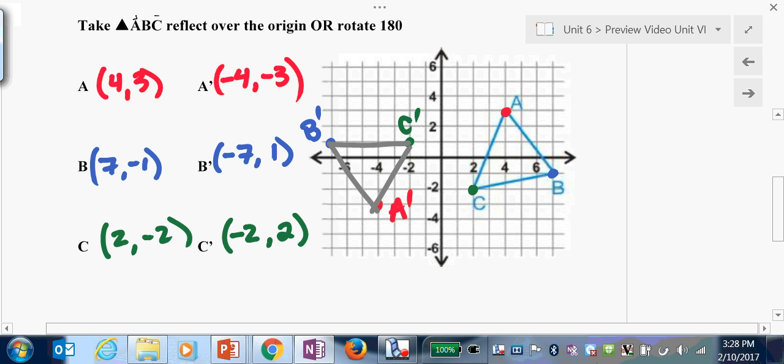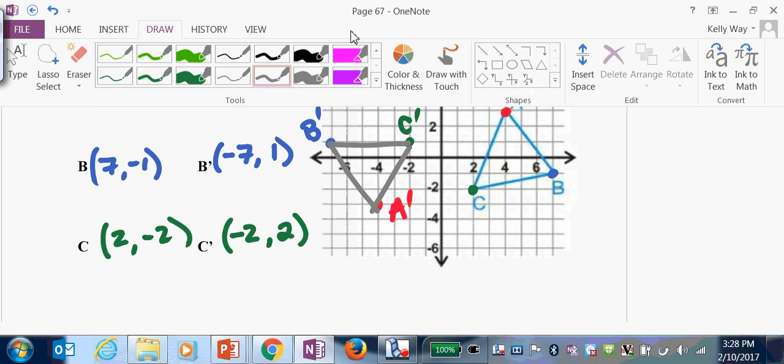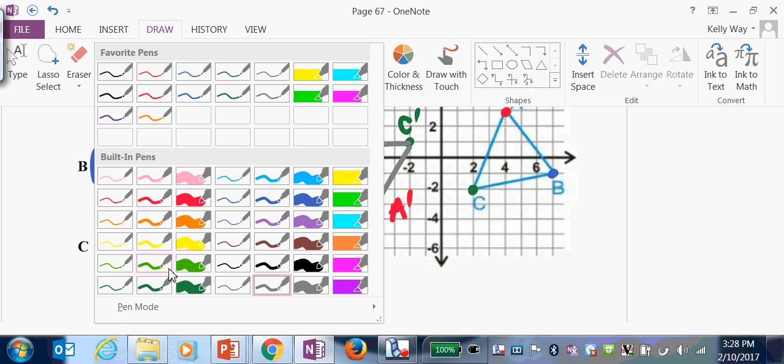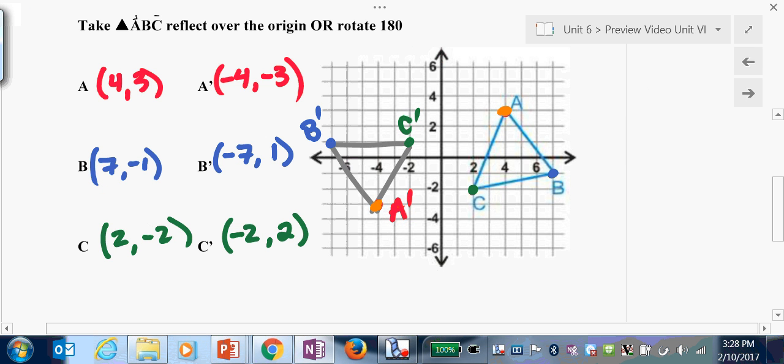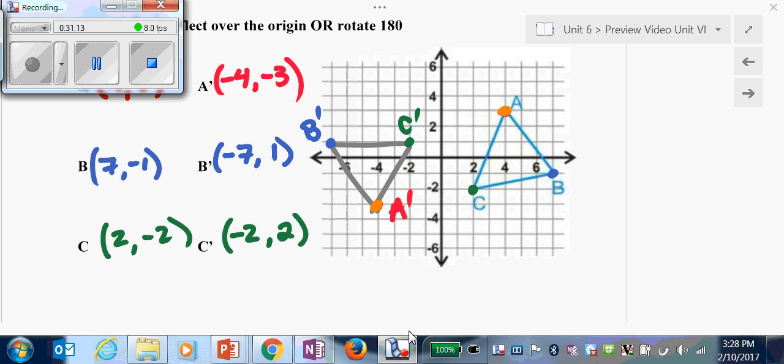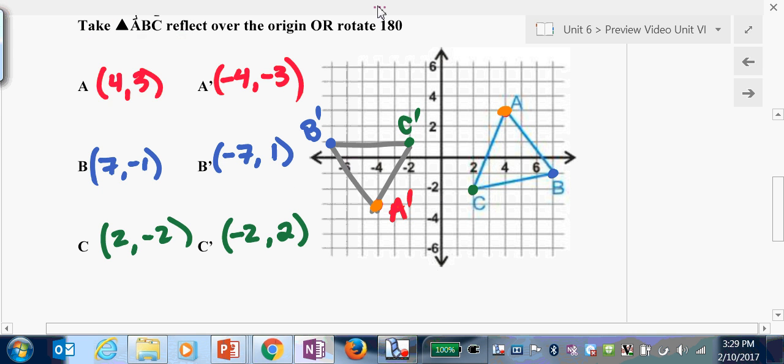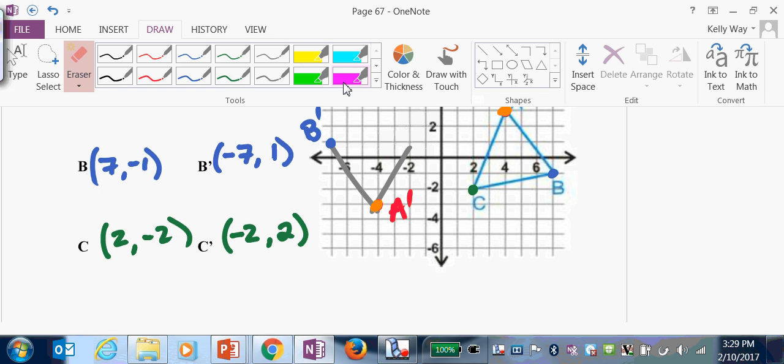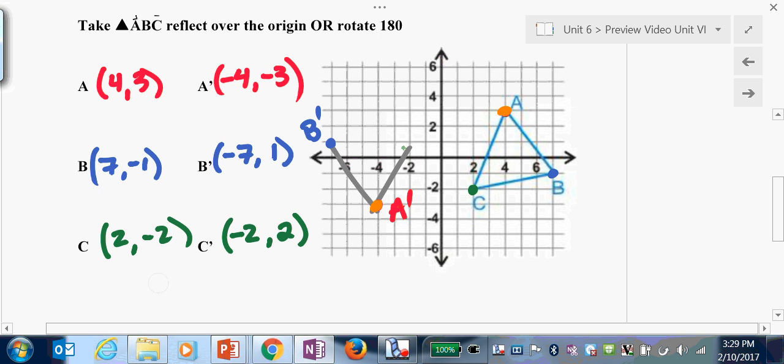Now watch very carefully. This works really well with a straight edge. Okay, if you take a straight edge, let's just connect A to A. Just realized I got C in the wrong place here. -2, +2, good call.